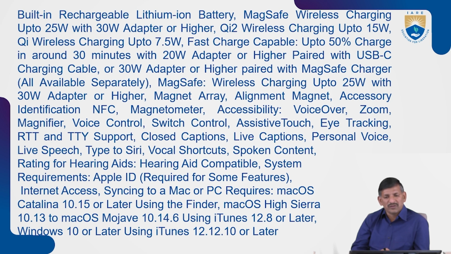Fast charging up to 50% charge in around 30 minutes with a 20 watts adapter or higher paired with USB-C charging cable, or 30 watts adapter or higher paired with MagSafe charger, all available separately.